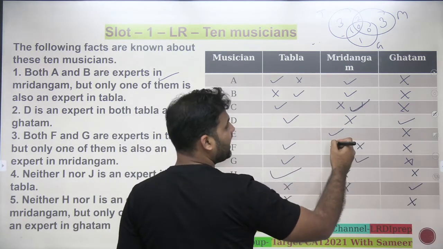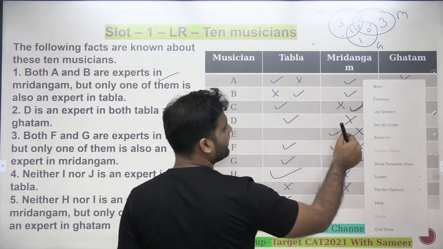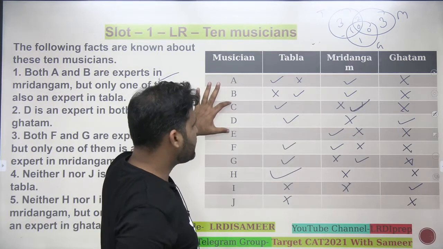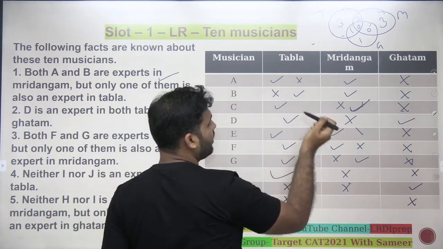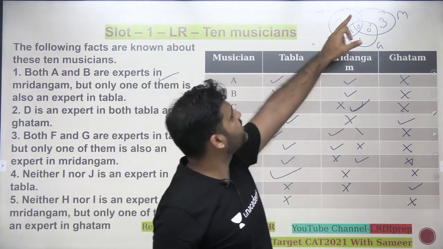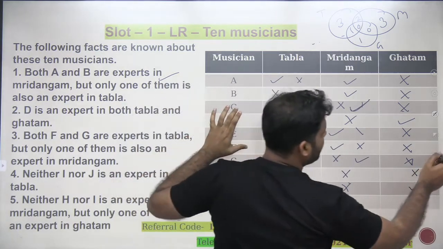E might or might not be playing mridangam, depending on whether C is playing it or not. But between C and E, there is one person who is playing only tabla. I need a total of 6 people playing tabla, right? I need only 6 people playing tabla.